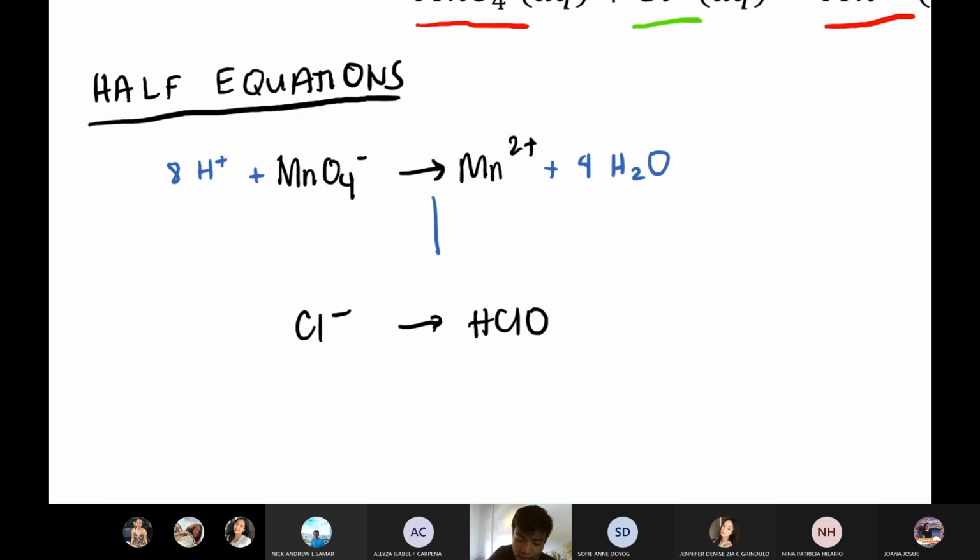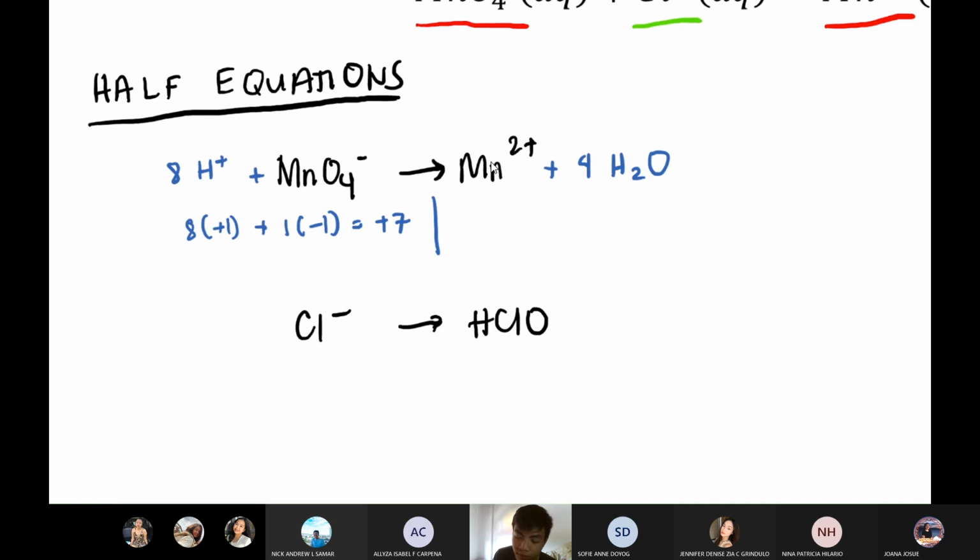So let's do that. So we have 8 times positive 1 plus 1 times negative 1. So that is positive 7. So the charge on the left side is positive 7. 8 times 1 is 8. 1 times negative 1, negative 1. 8 minus 1, 7. Positive.